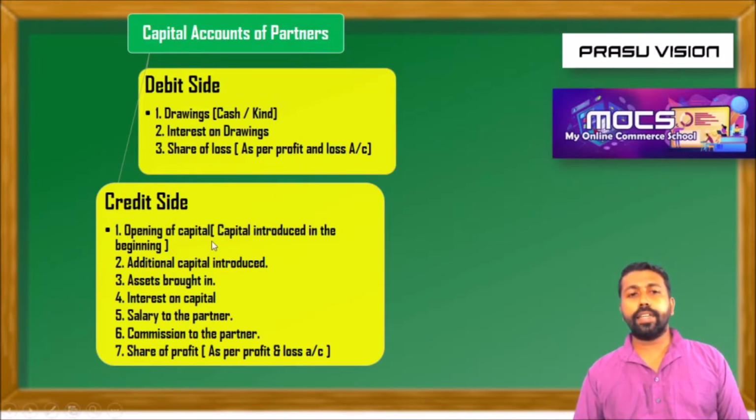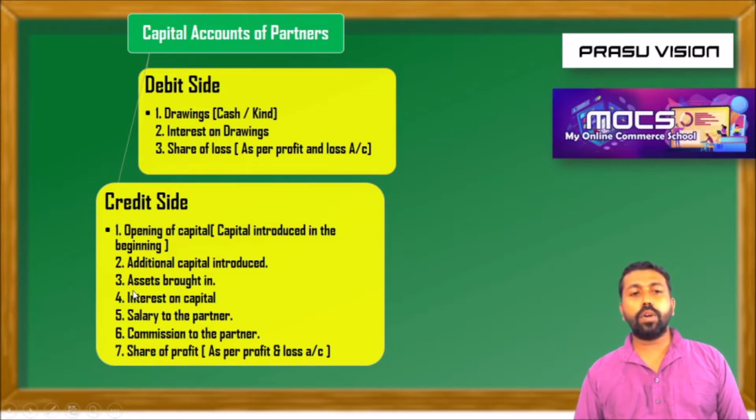the opening capital, we will write as balance brought down. In each partner's column we write the balance amount of capital from the last year. It will be the opening balance of the current year. Then if they are bringing any additional capital, it is recorded on the credit side.